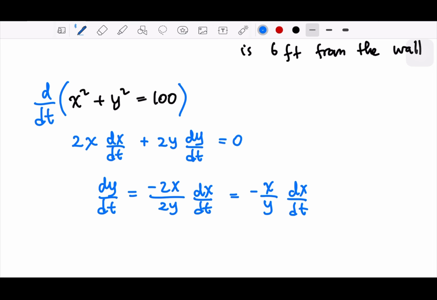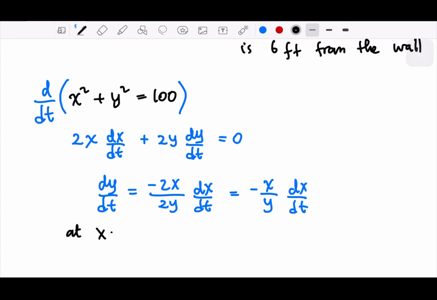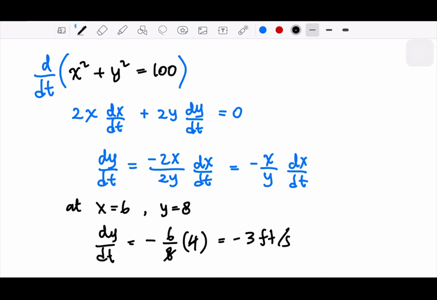At x equals 6, we have y equals 8. So dy over dt will be negative 6 over 8 times dx over dt, which is 4. So we have negative 3 feet per second.